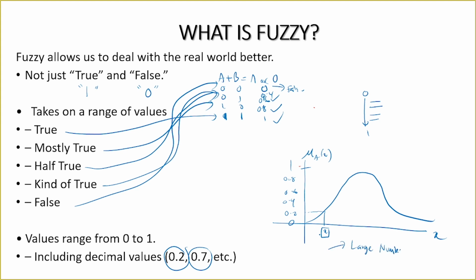Do you remember the Lee Chong Wei example? So we have small number, and we have larger and largest number, right? That would be the thing that happens in fuzzy. So the things happen between 0 until 1, not only from 0 to 1. Okay, that would be the idea of this slide.